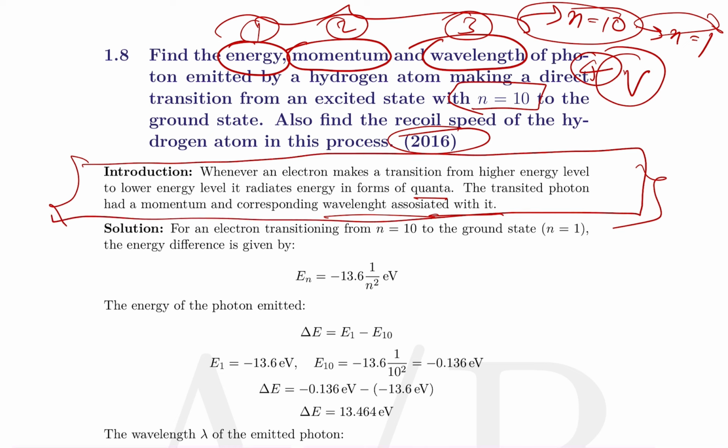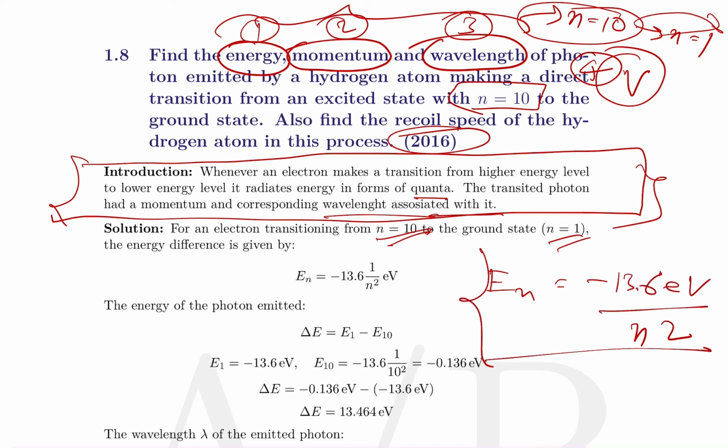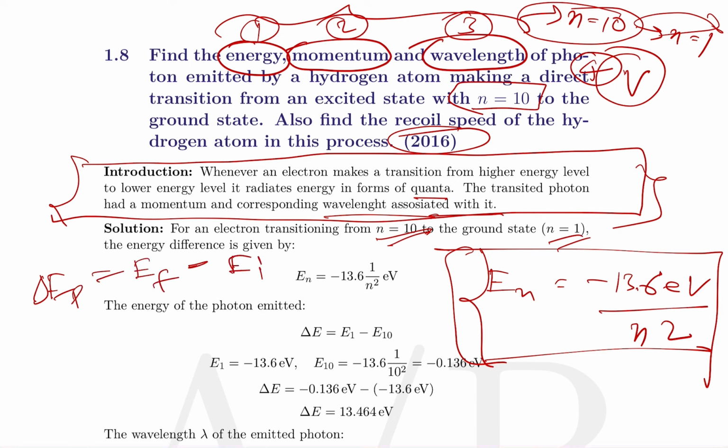Now the solution part. The transition is taking place from n equals 10 to n equals 1. The energy for a hydrogen atom is minus 13.6 electron volt over n square, the energy at the nth level. The energy of the photon emitted would be delta E, the final energy level minus the initial energy level, because we need to take care of the sign of the energy as well.